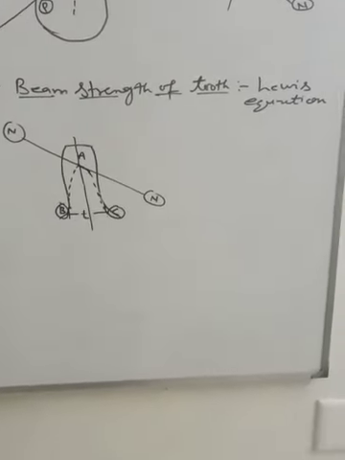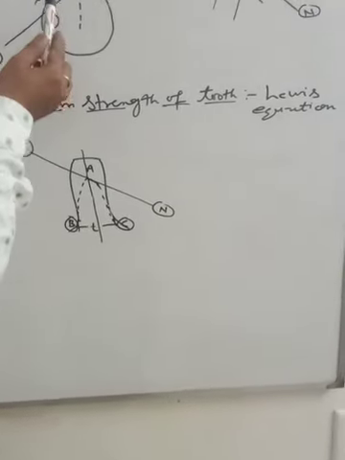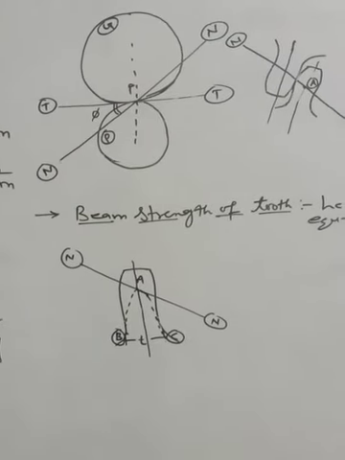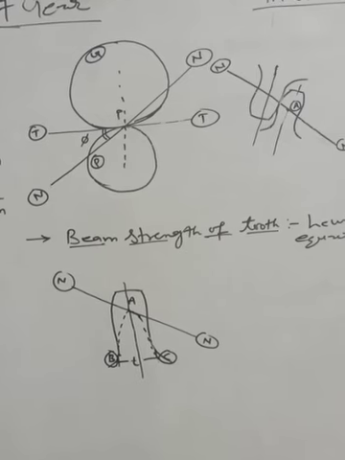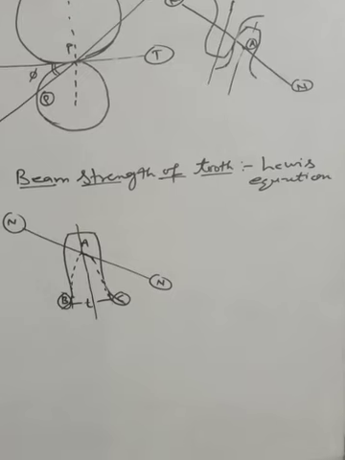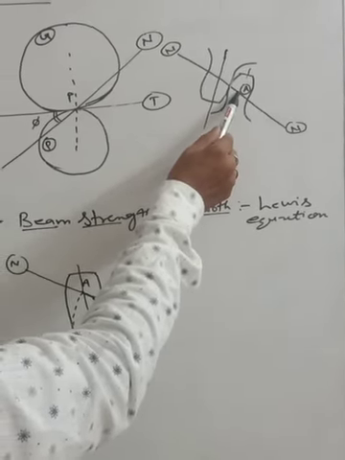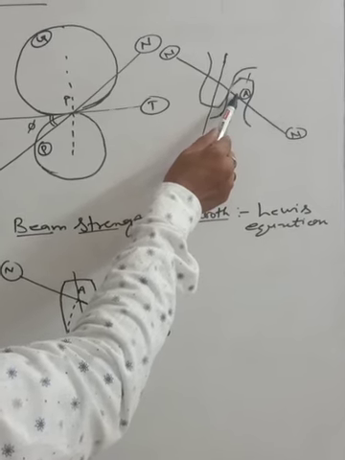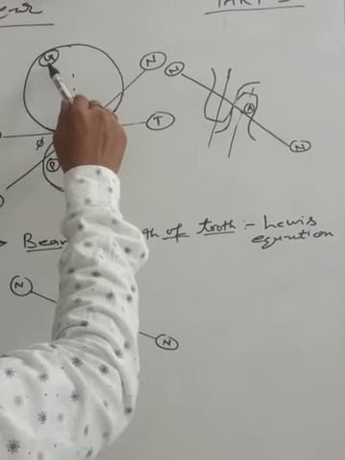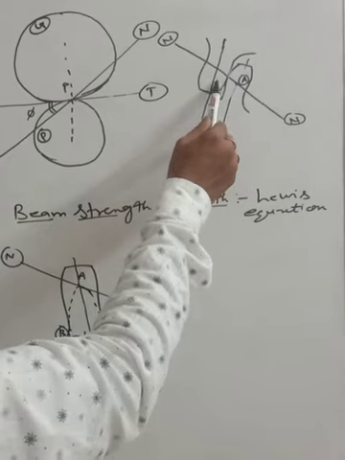The Lewis equation is considered for which type of wheel, whether we are using it for this gear or for this. Lewis only assumes that we are considering the transmission or distribution of the load from a single tooth, that the total load is carried by a single tooth, if the gear and pinion have the same tooth profile.